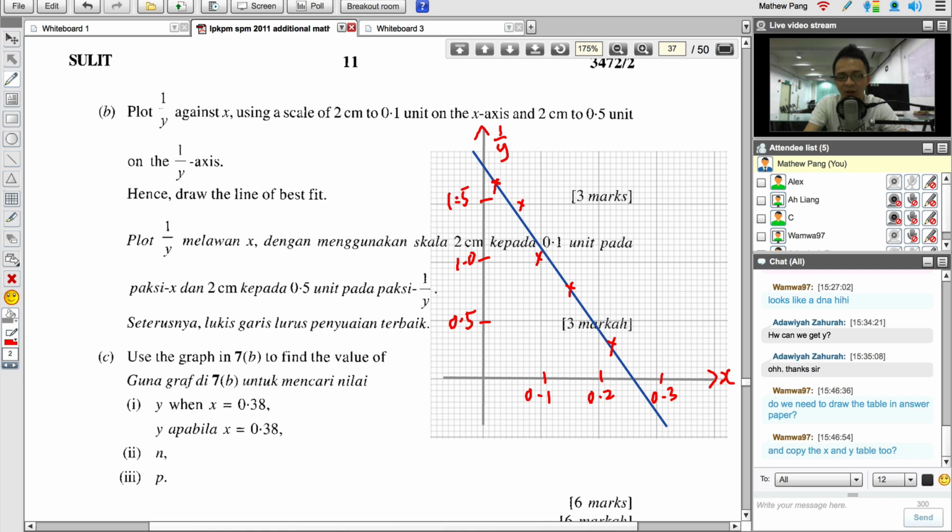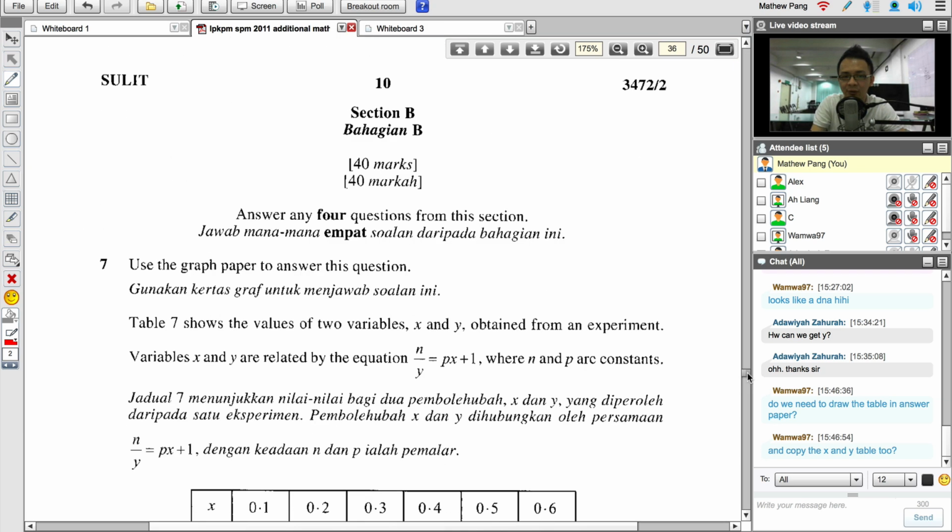So it is important to understand, when you sketch this, your straight line must always touch the vertical axis, because this value will be your C. In this case, what is your C? Your C is 1 over n.